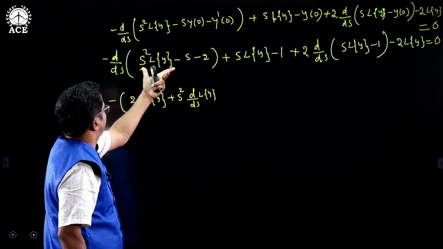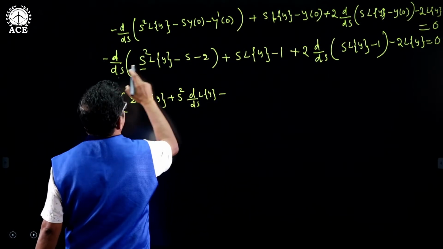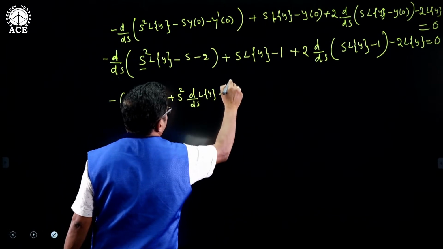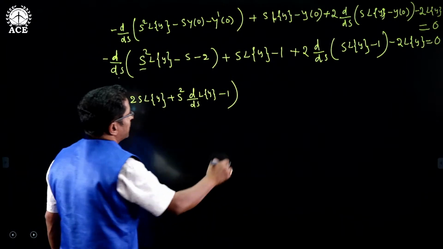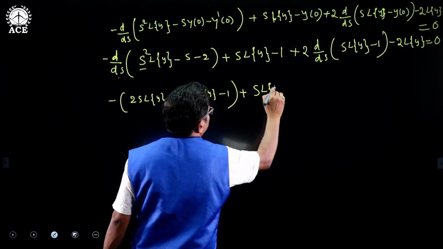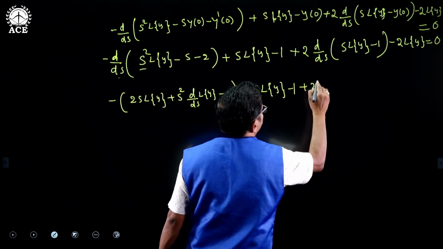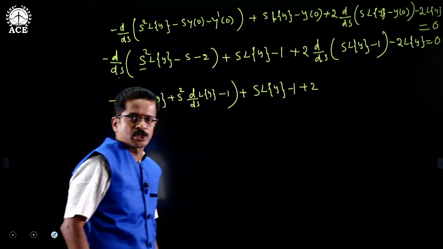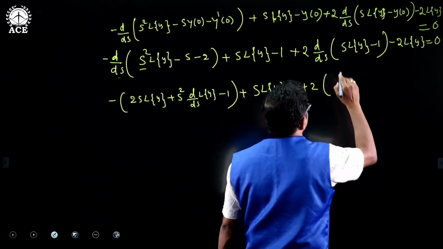In differentiation of s square into L of y, I wrote minus d by ds of s is 1, and d by ds of 2 is going to be 0, plus s into L of y minus 1 plus 2, again d by ds of s into L of y, u by v rule.